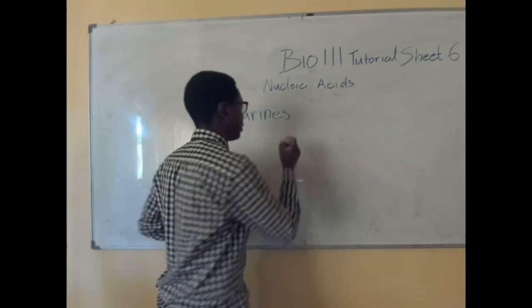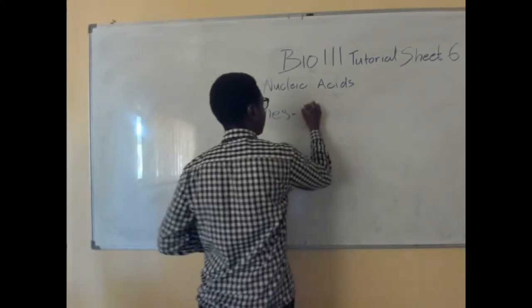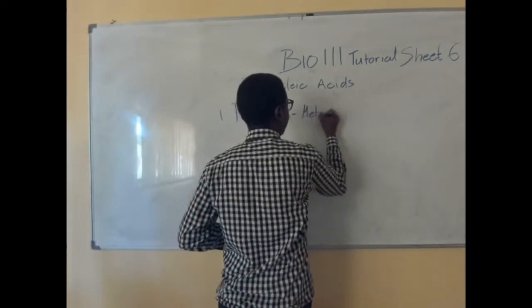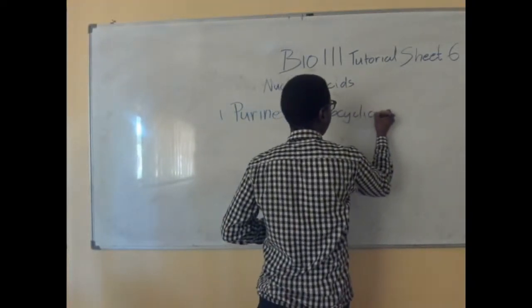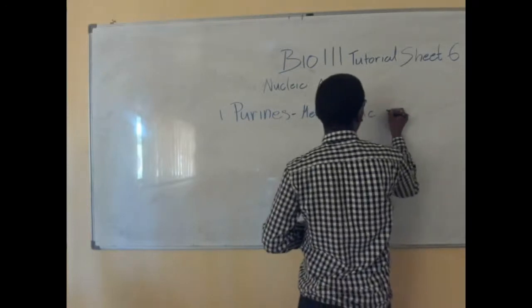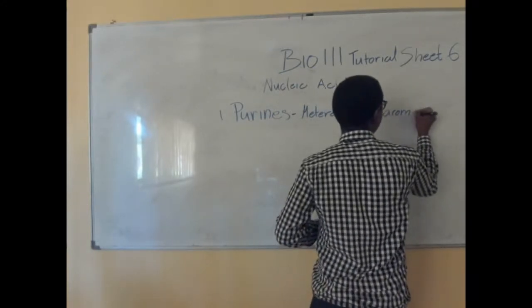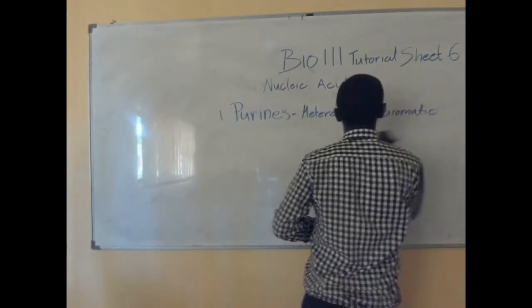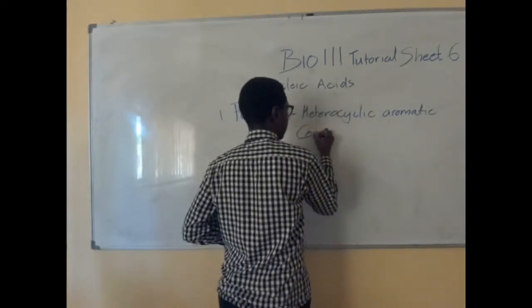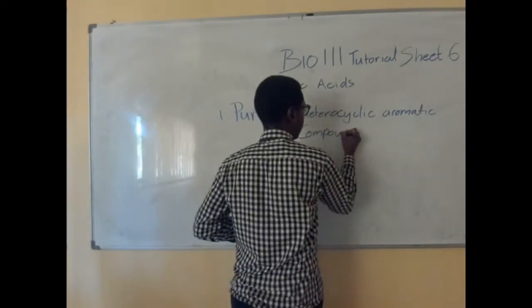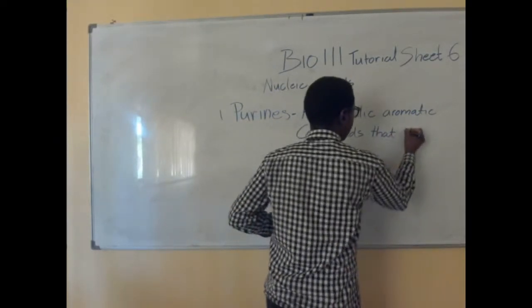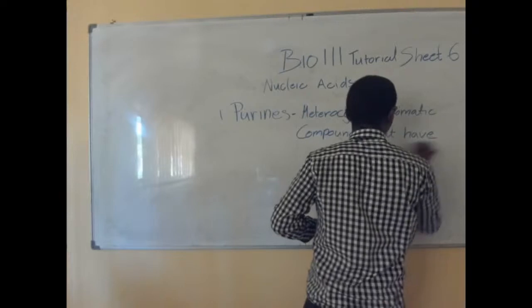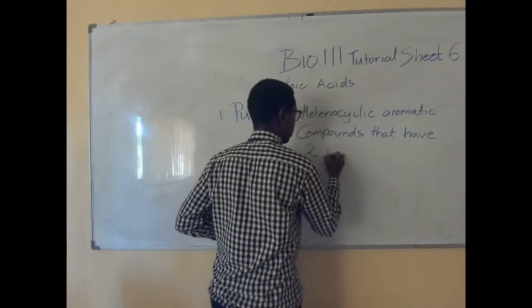So I repeat, purines are heterocyclic aromatic compounds that have 2 rings.